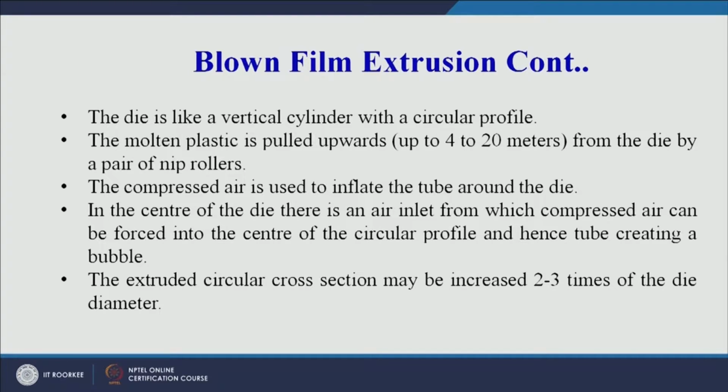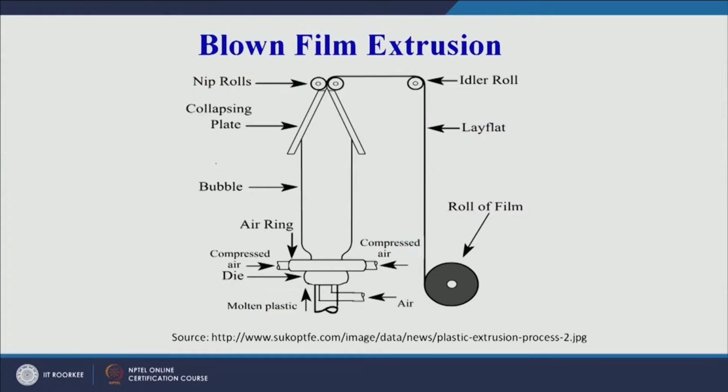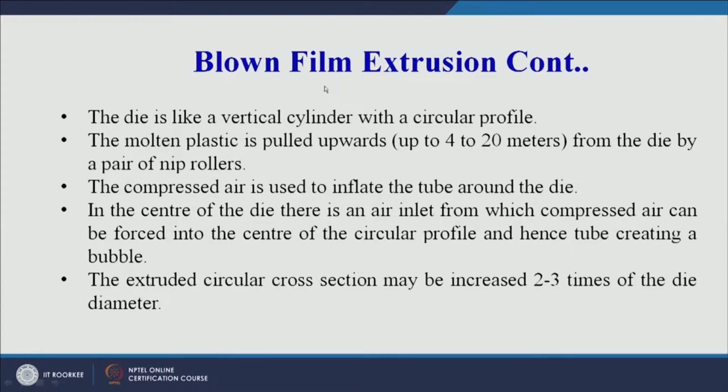The molten plastic is pulled upward up to 4 to 20 meters from the die by a pair of nip rollers. So from the center, the air will be injected, and the nip rollers will pull this plastic up. If you see the previous diagram, these are the nip rollers. So the molten plastic is pulled upward from the die by the pair of nip rollers.